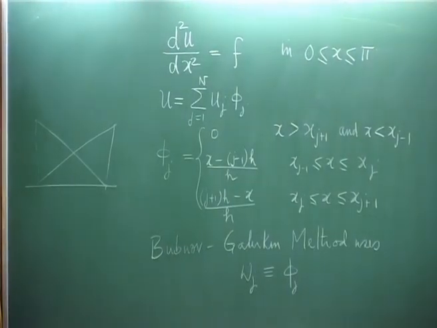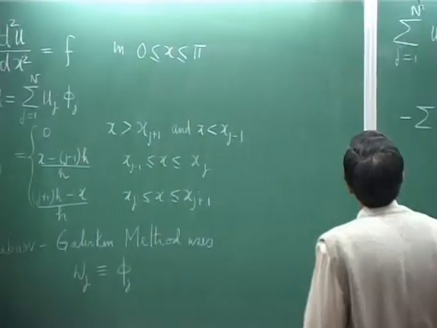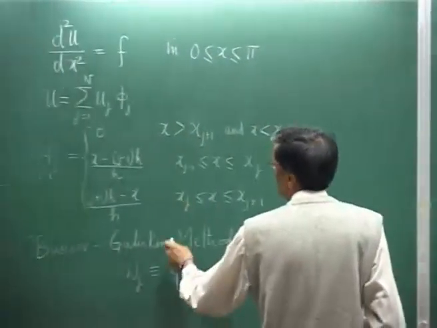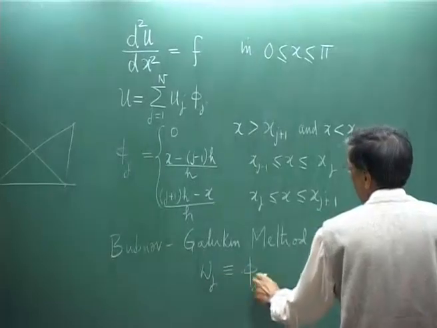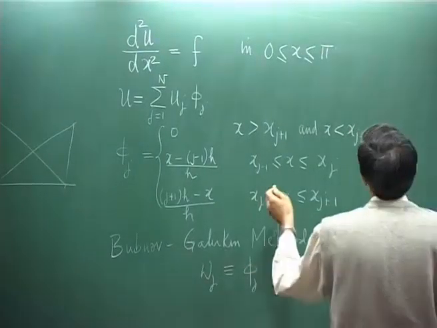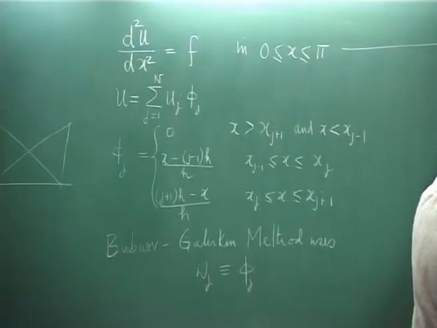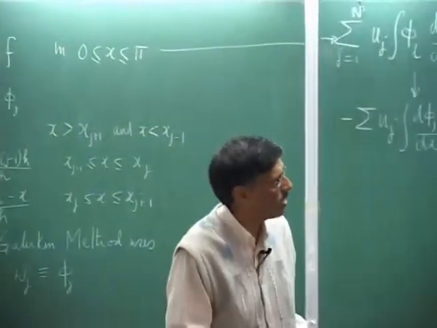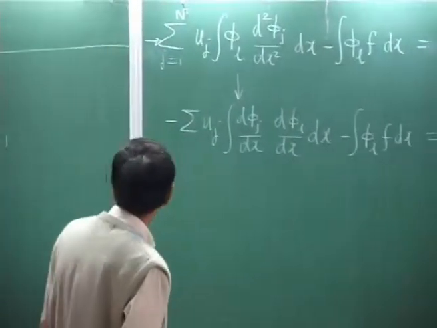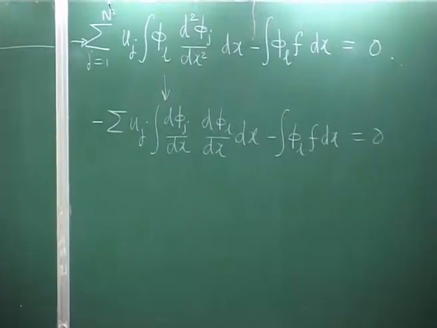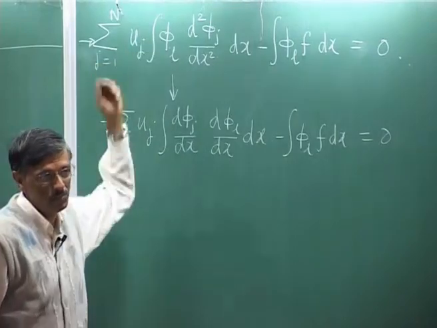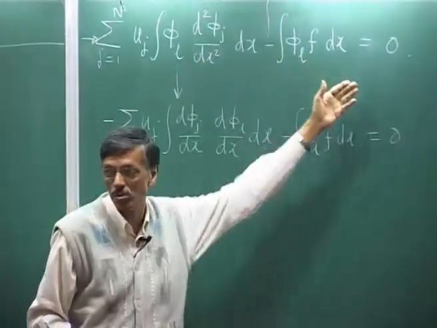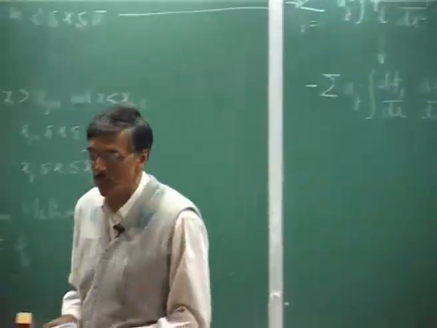So, what then happens is you substitute this into this, then multiply by the weight and then integrate, and this is what you get. This is what we were doing in the last class. So, we are not satisfying the differential equation as it is, we are satisfying its weighted residual to be equal to 0. That is what the weak form is.